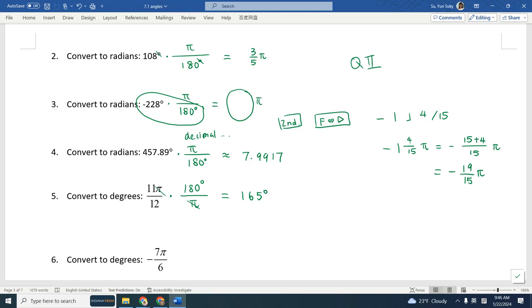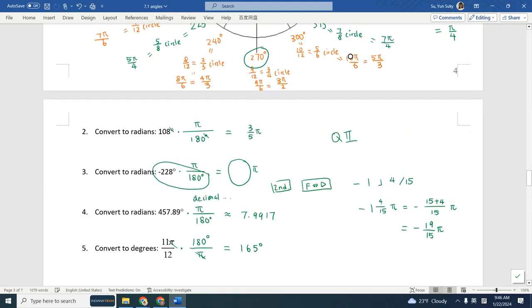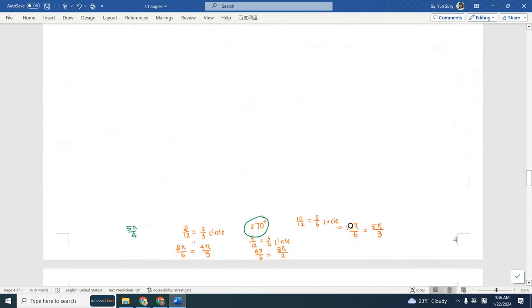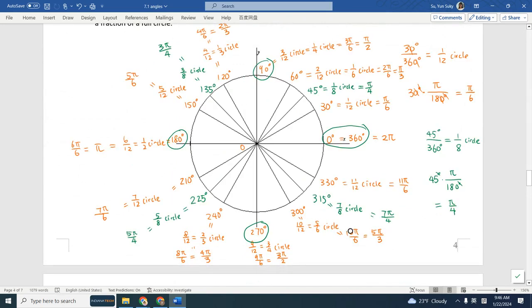Good. Okay. Number 6, do you get negative 210? Yeah, so we multiply by 180 degrees divided by pi, minus 210. Okay, now tell me, negative 210, which quadrant is it in? Yeah, quadrant 2. Because you go clockwise.